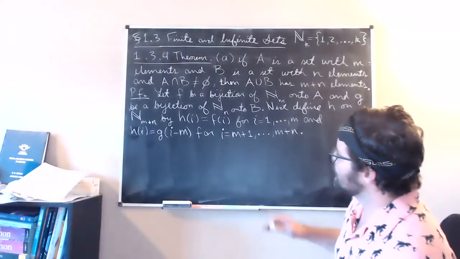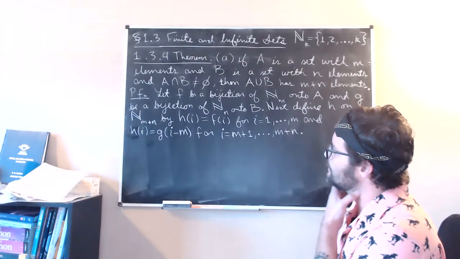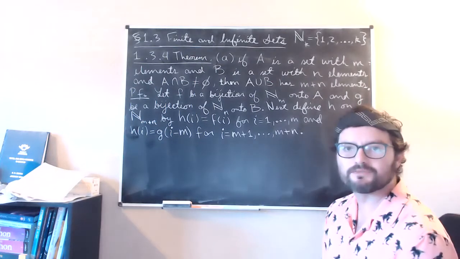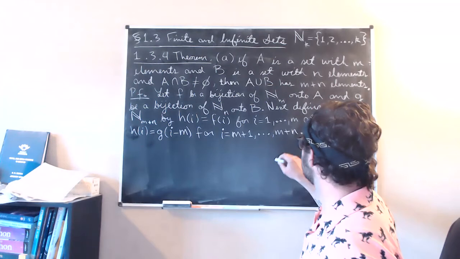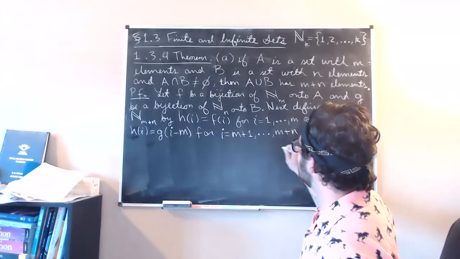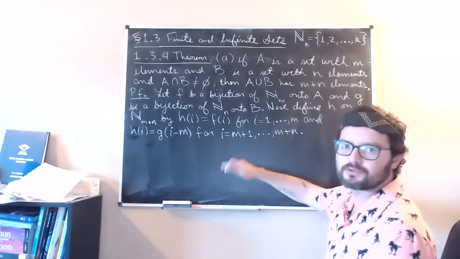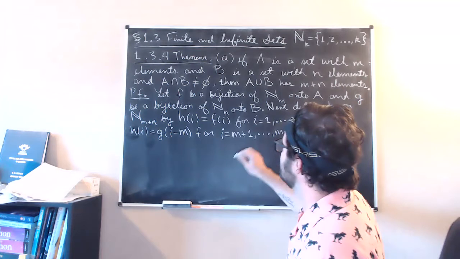Now, what's going on here? Well, why did we define this function H the way that we did? Suppose, so I'm going to do a little bit of scratch work right here, and I'm going to erase it after that.